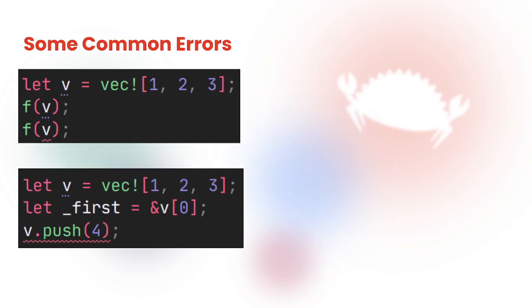And if you have an outstanding reference to one value in the vector, you won't be able to push anything into it, and you should not be able to, because pushing to a vector may reallocate it, which would change all of the references and invalidate everything. So C++ would let you do this, but it's wrong.